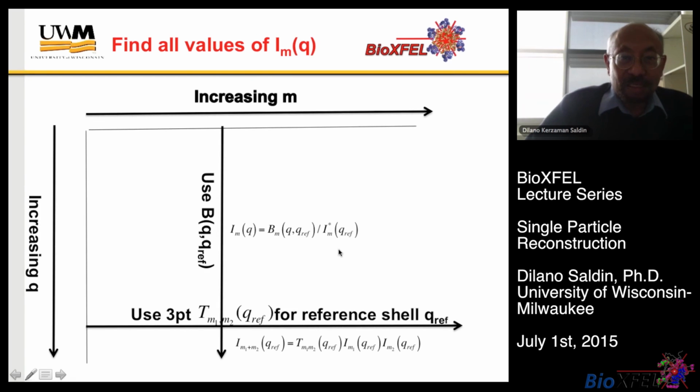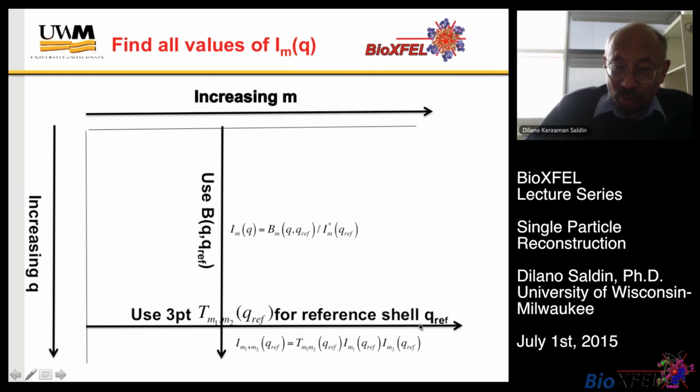So this is a pictorial representation of this. We need to find all the values of IM of Q. Now this depends on two parameters. One is M, which increases this way, and one which is Q, which increases this way. Now, as I said, using the 3-point triple correlation function, you can find all the different M values.